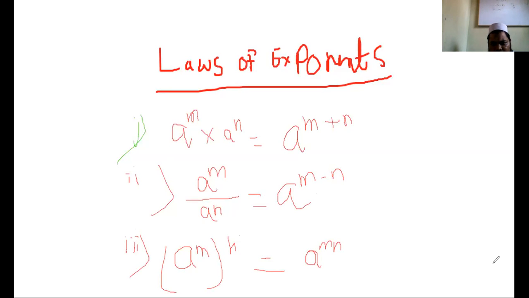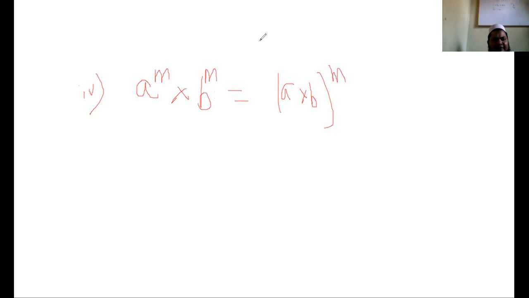Now the next law, number 4, the fourth law: if a to the power m into b to the power m, you see their bases are different but their powers are the same, so we can write it as a into b whole to the power m. I have explained this in the previous slide.